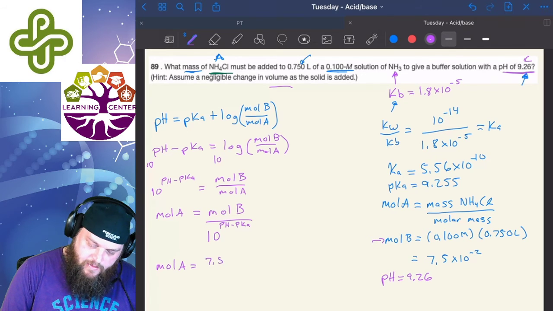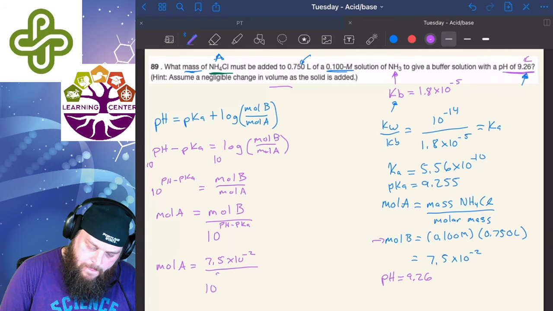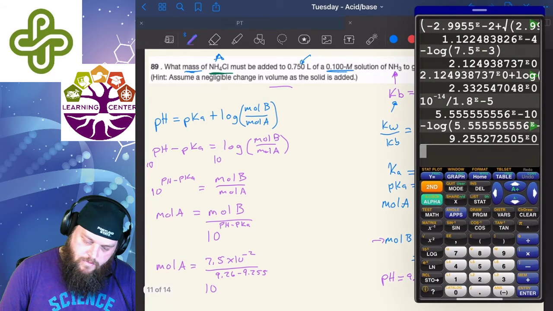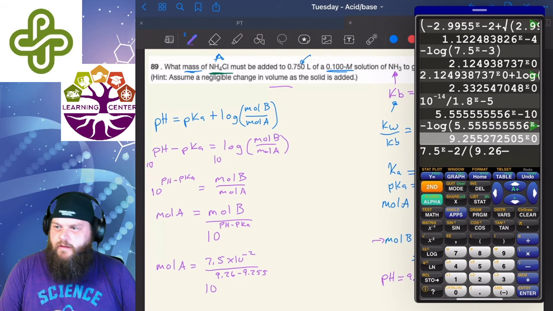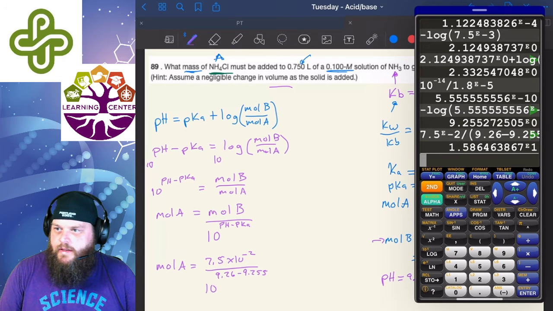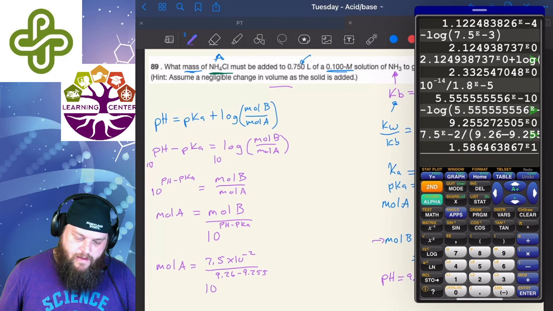That's 7.5 times 10 to the negative 2 for the moles of base, divided by 10 to the power of 9.26 minus 9.255. So taking 7.5 times 10 to the negative 2 and dividing it by the difference between 9.26 minus this value gives me 15.58.